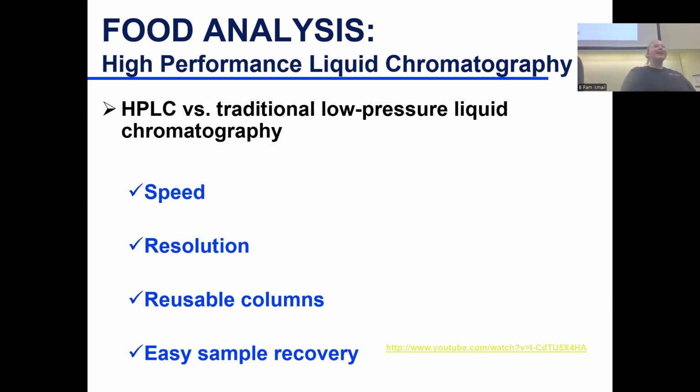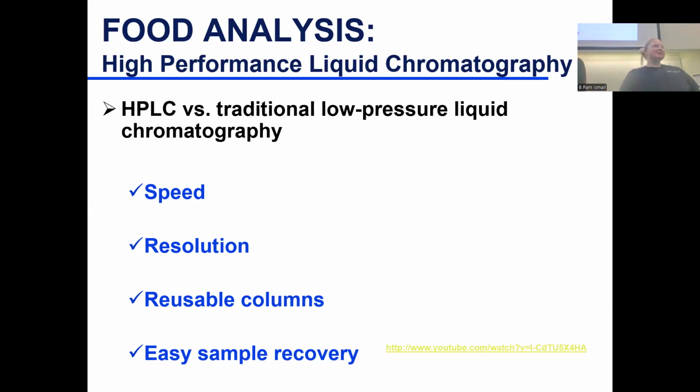Come on, interact with your teachers. HPLC. Why? High performance. Yes. We just said it was high pressure. So high pressure is better for speed because it can push your solutes faster through the column, so you can get better analysis.